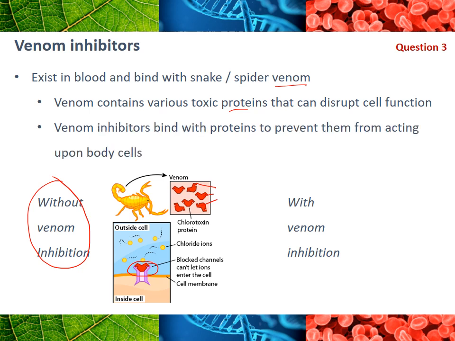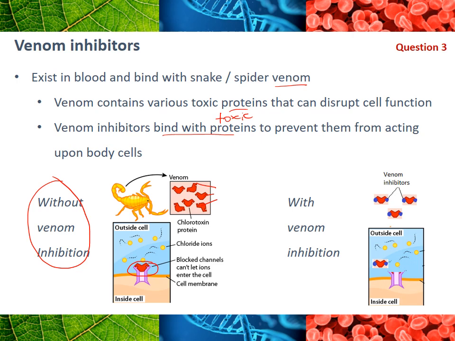Now, what venom inhibitors do, which are these little molecules in our blood, they bind with the proteins, so with those toxic proteins found in venoms, to prevent the proteins from doing whatever it is they would do to body cells.